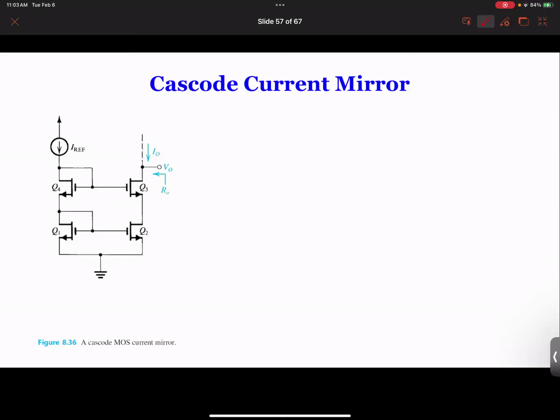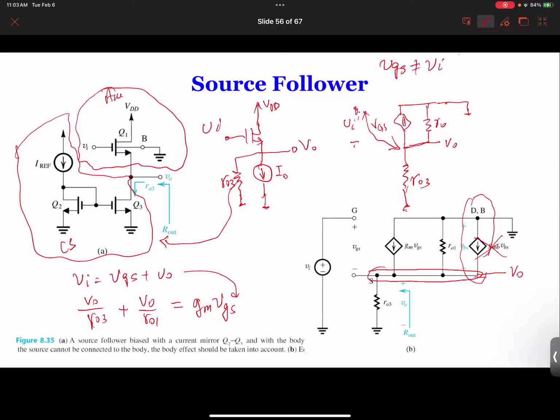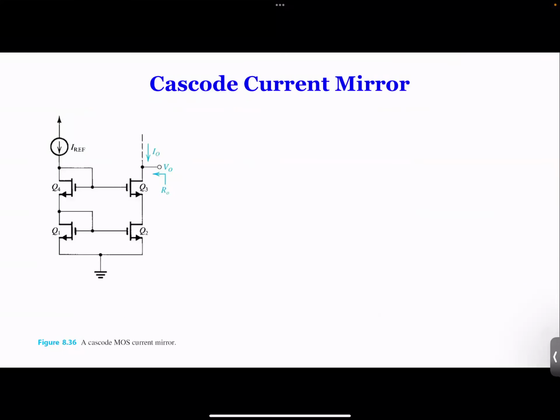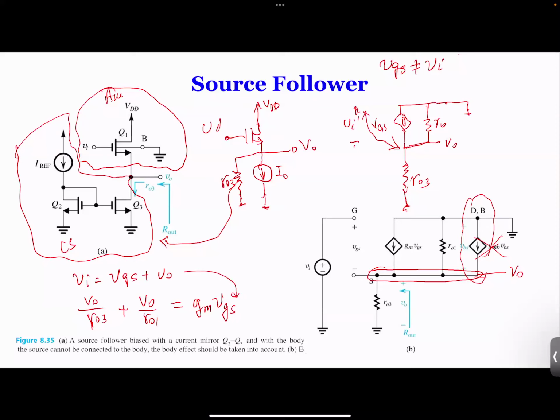Let me show you, the gain is going to be roughly I_L over, that's what we get.